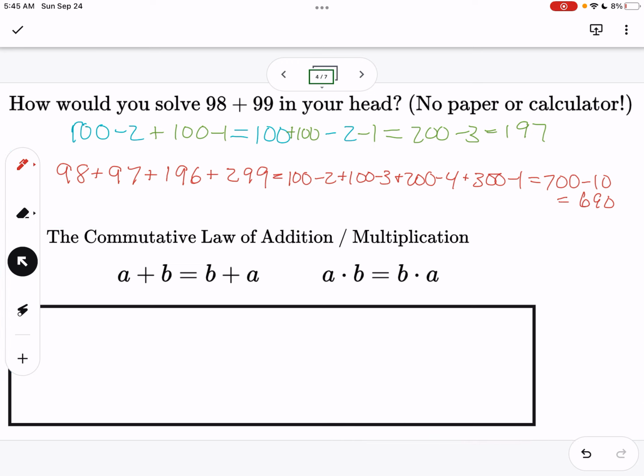I can multiply A times B, or I can multiply B times A. Either way, we get the same value. So addition and multiplication are commutative.